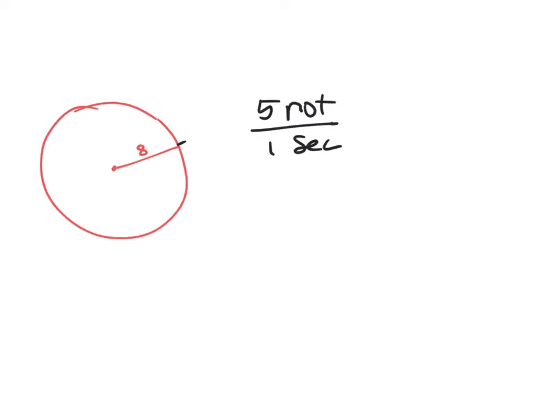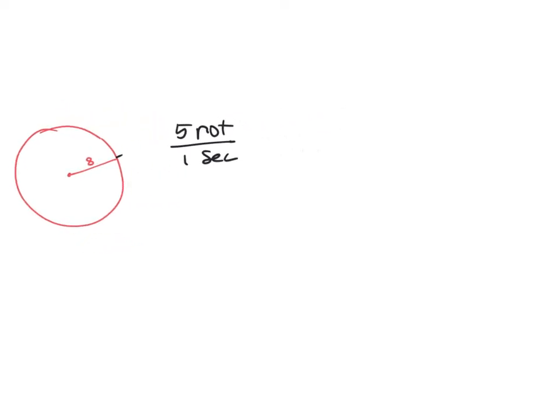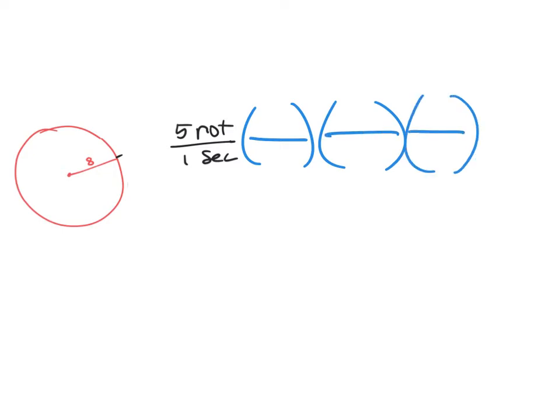Then could you change that to miles per hour? This is sometimes called dimensional analysis in science class. You multiply by a bunch of facts. One fact I know is that 1 rotation, I could have put it on top, but I put it on the bottom on purpose because I want it to cancel. If I have 1 on the top and 1 on the bottom, they cancel. 1 rotation is the same exact thing as a circumference.